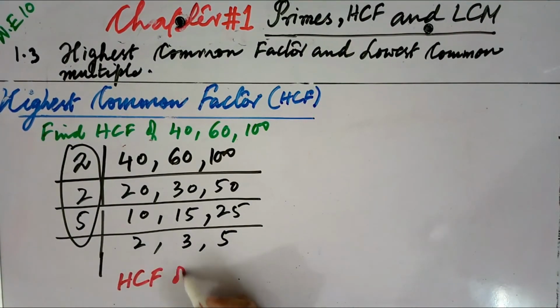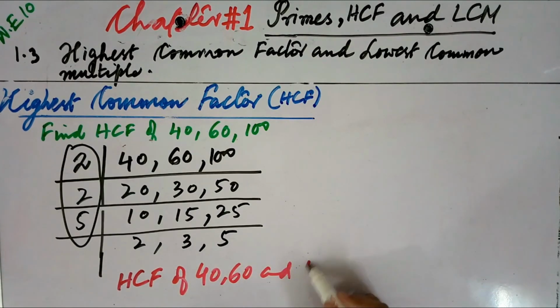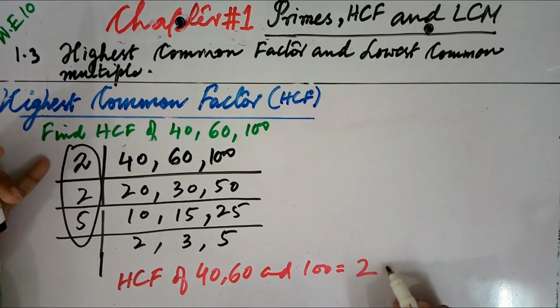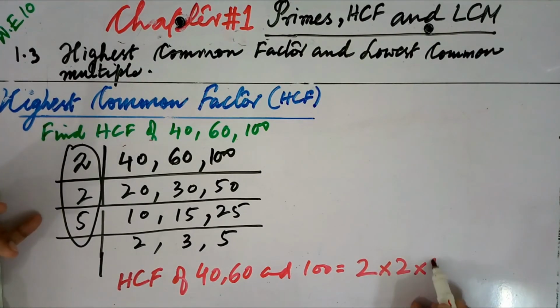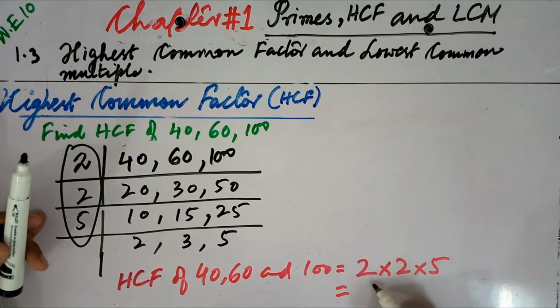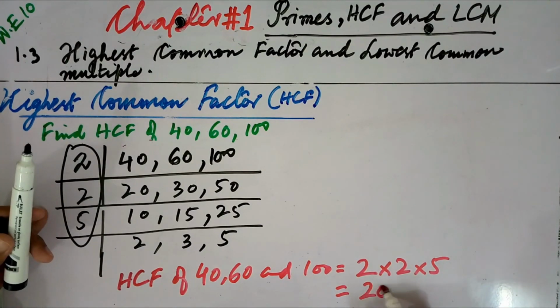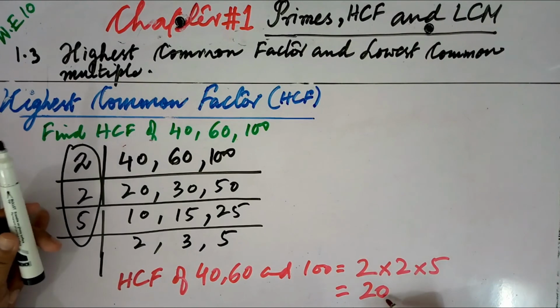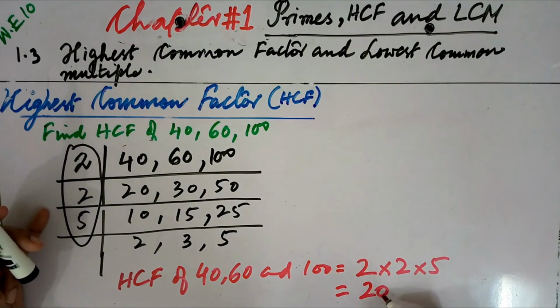HCF of 40, 60 and 100 is equal to 2 multiplied by 2 multiplied by 5. What would it be? 2 2s are 4, 4 5s are 20. The same answer as you got in method number 1. So that would be your answer.